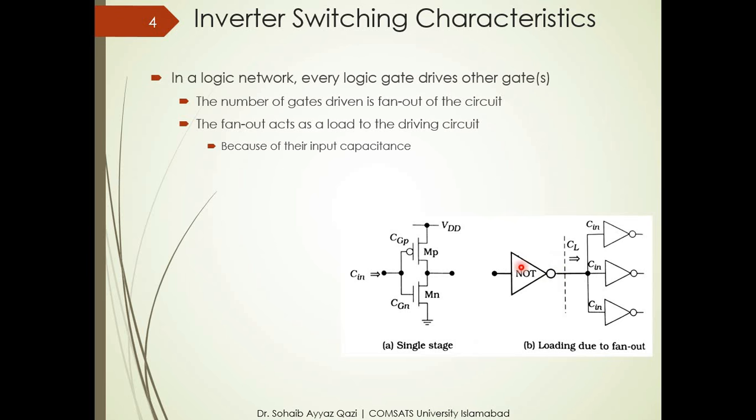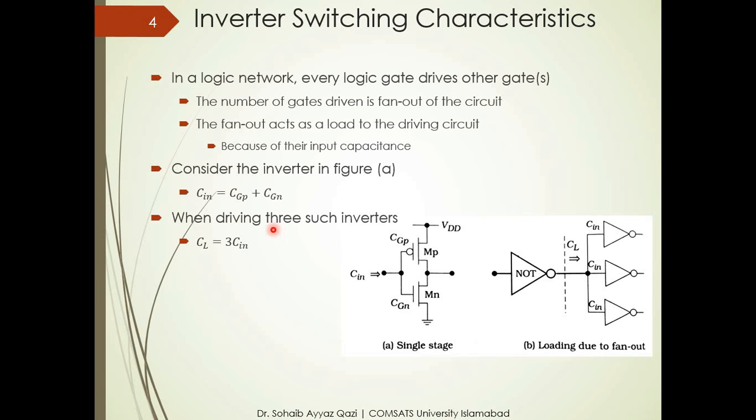If we consider this example here, Cin is CGP plus CGN. Here we have CGP and CGN, so this is the total input capacitance.